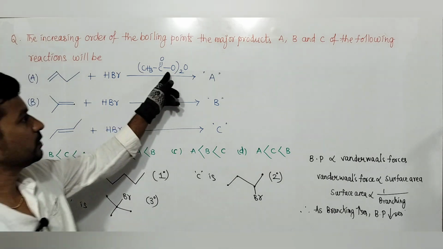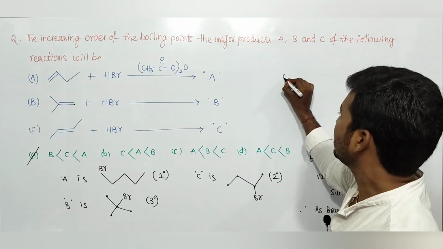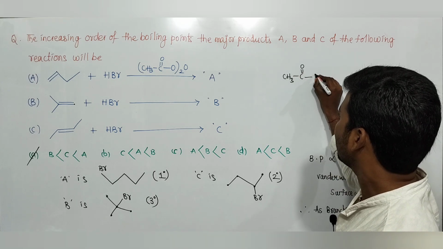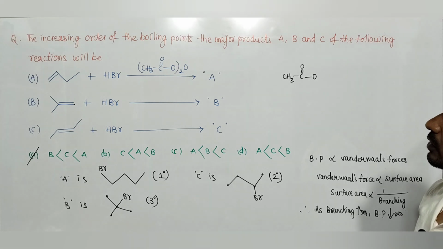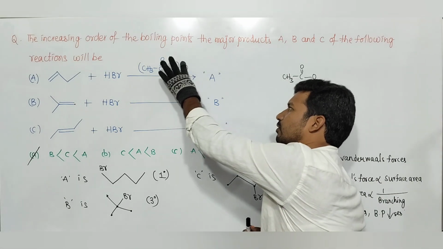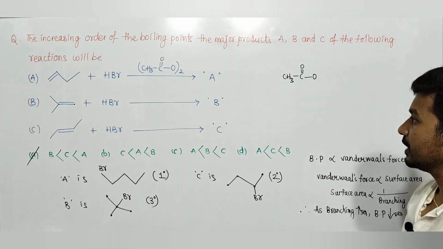Okay. So this is peroxide, so we have to identify that. Peroxide means CH3, C double bond O, again O. That is 2 times, so here no need to write O, it is given wrong in the material.